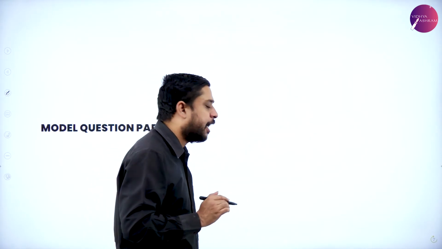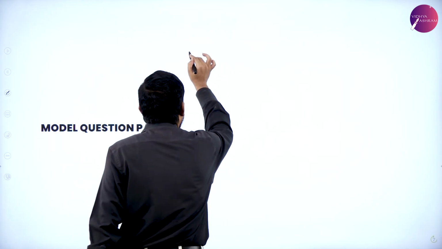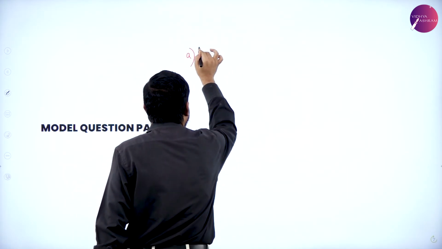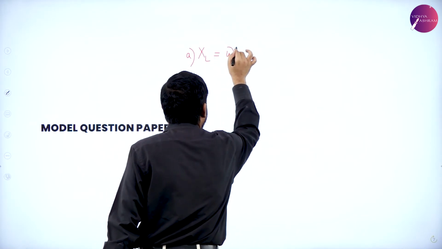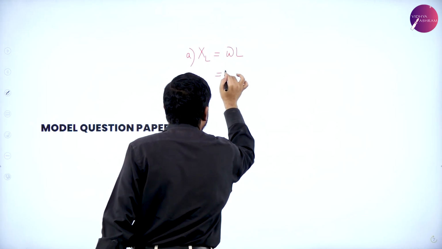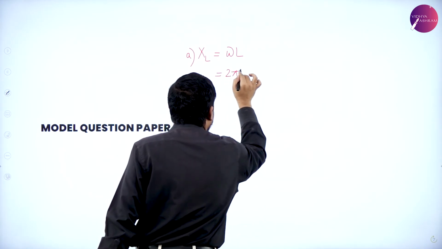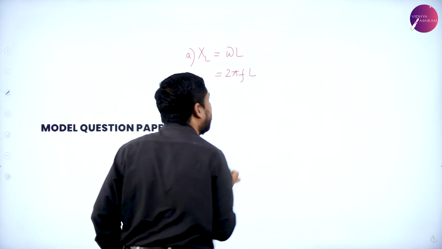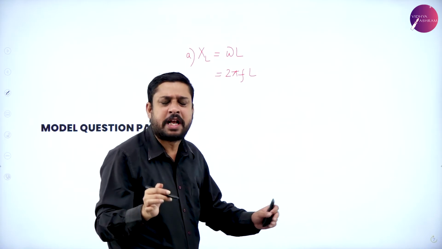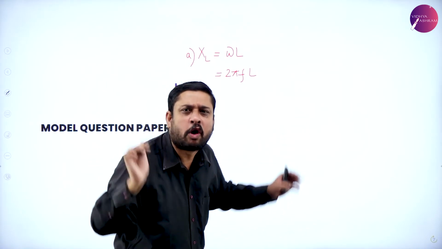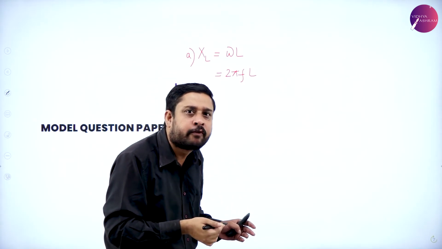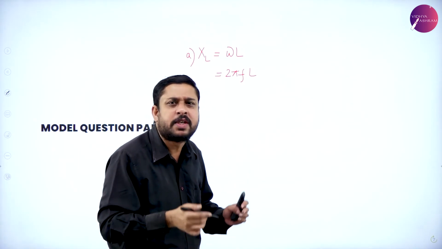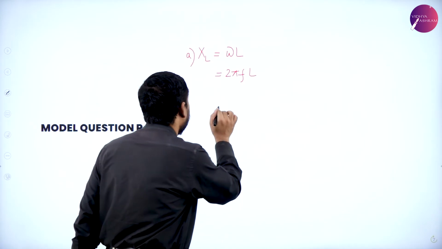So students, first I calculate XL, which is omega L, which is 2 pi FL. All these expressions, I have used a number of times while problem solving from concepts, model question papers and so on.